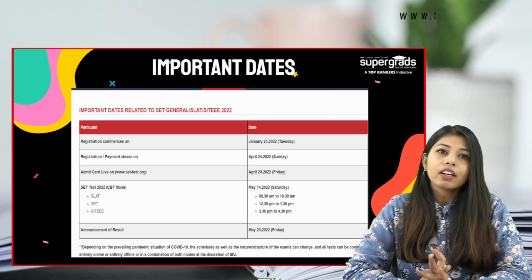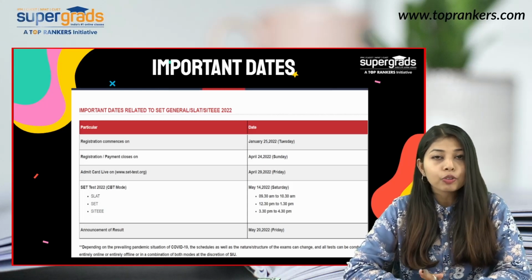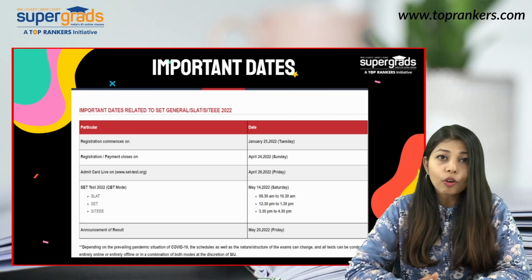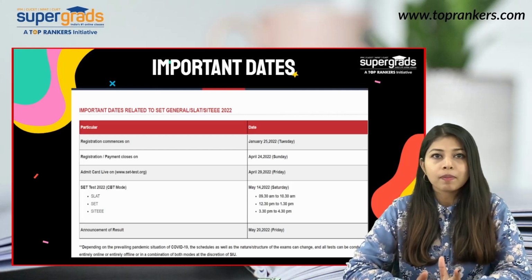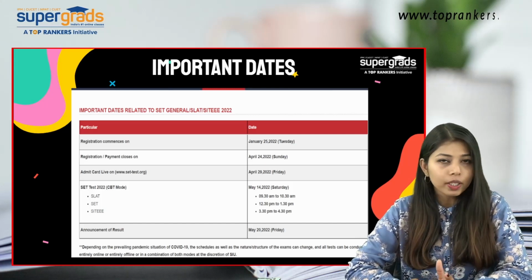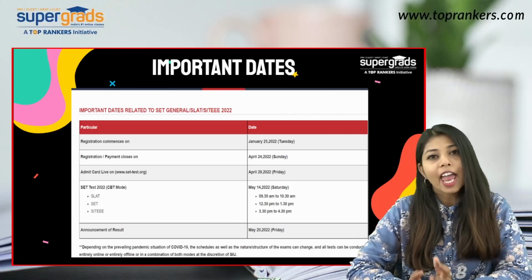And the entrance test, the final aptitude test of Symbiosis, will be conducted on 14th of May for all the programs, with a respective entrance test for each program, be it management, law or engineering.